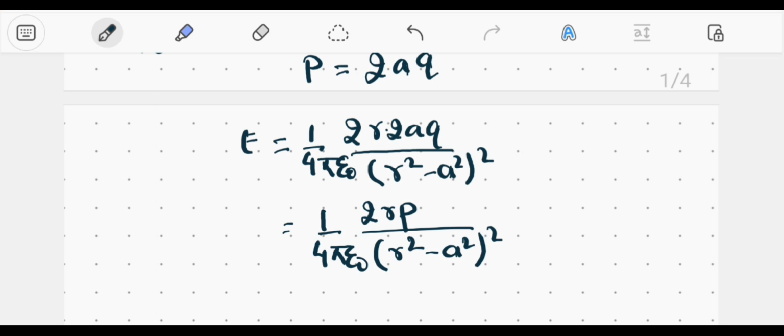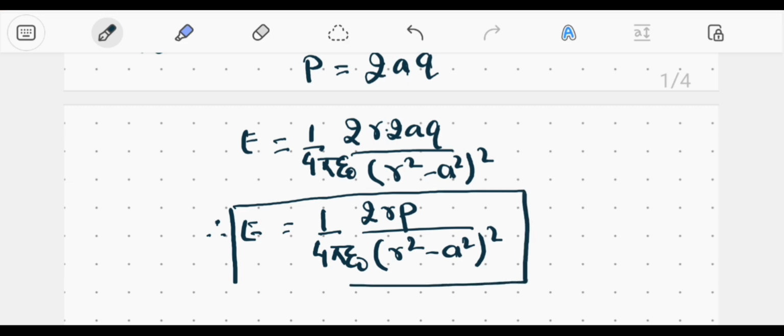So this is the formula for electric field intensity on an axial line of an electric dipole.